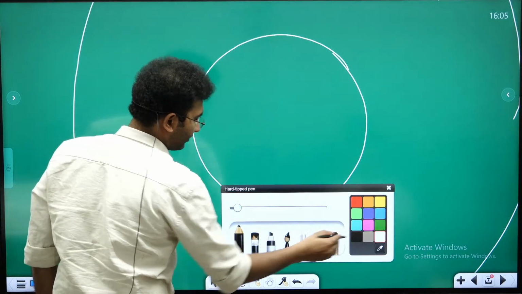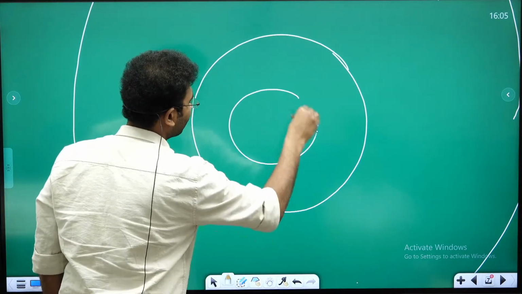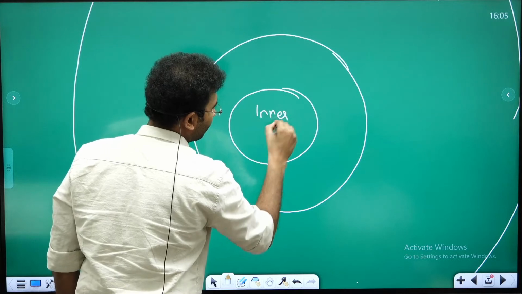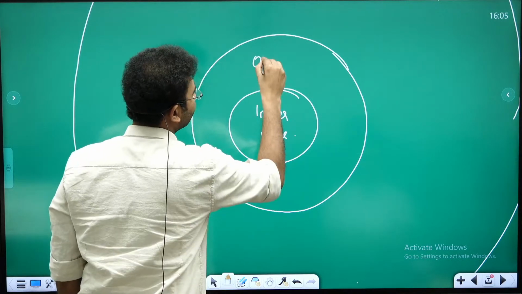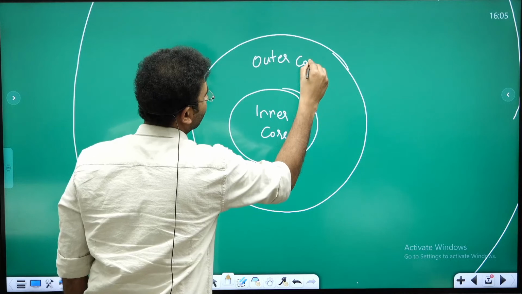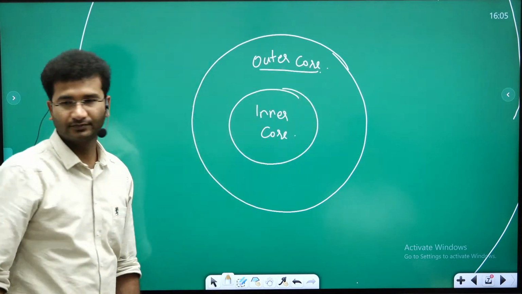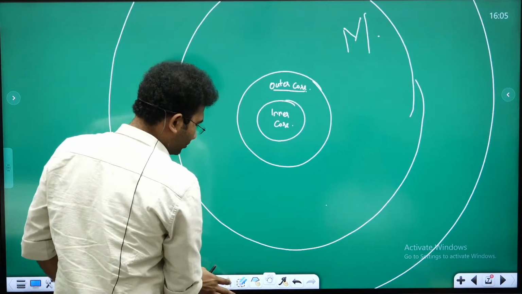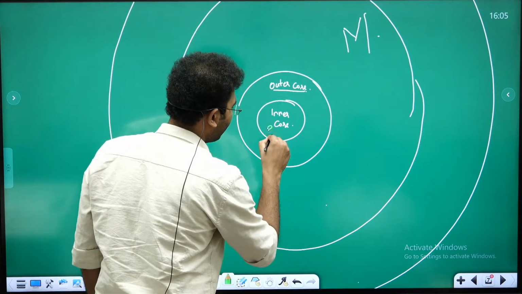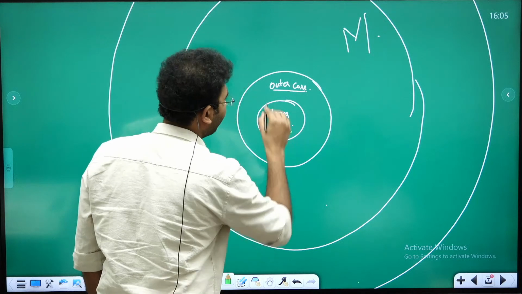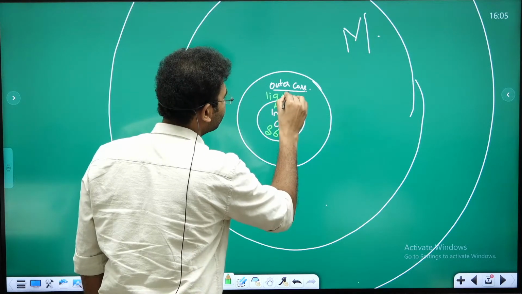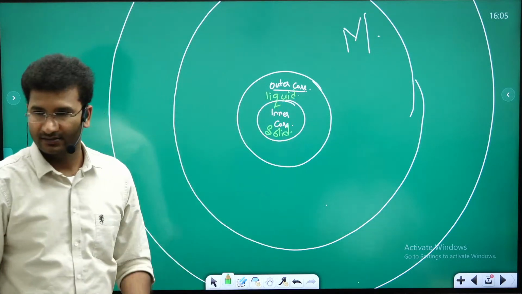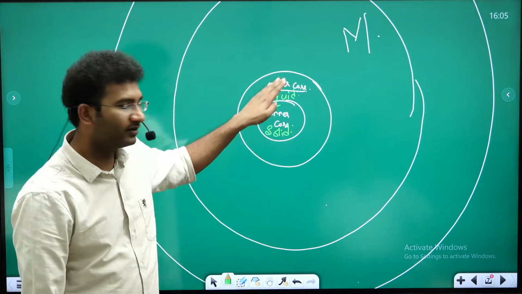Within this core, you have the inner core and this is the outer core. Now imagine that the inner core is solid and the outer core is liquid.